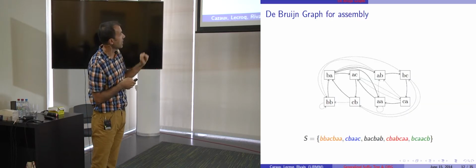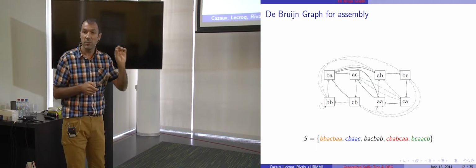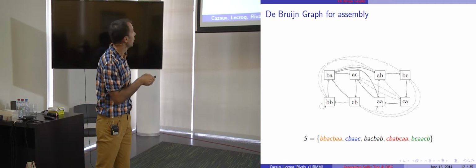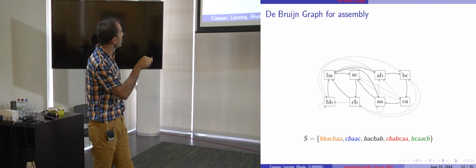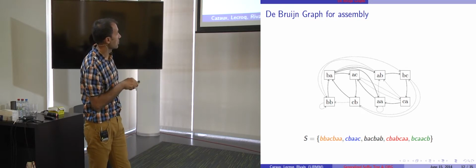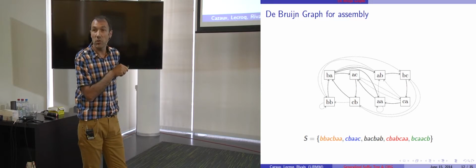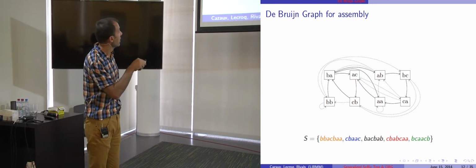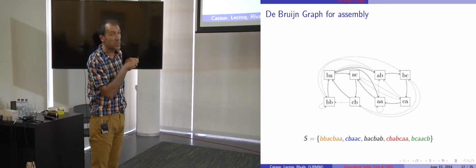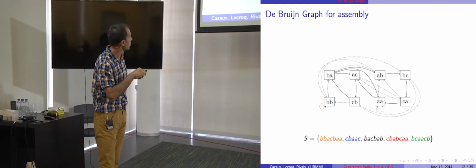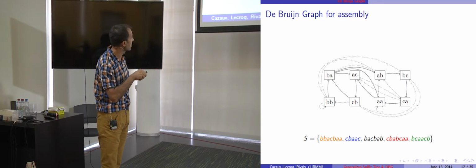And for our example, if I take the dbg plus definition, for k equal 2, you will have bb, ba, all those nodes are the possible k-mers in this set of words, and you will have only the solid edges. Okay, so dotted edges are for the other definition of the de Bruijn graph. For instance, you will have BBA at the start of the orange word.